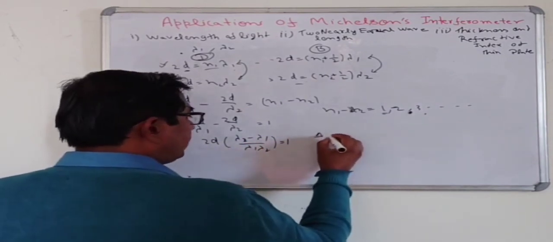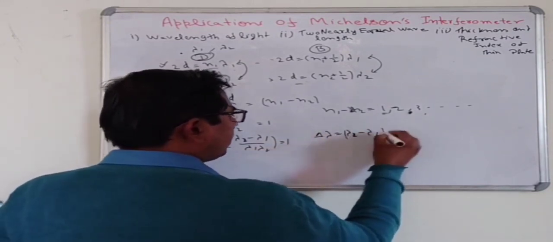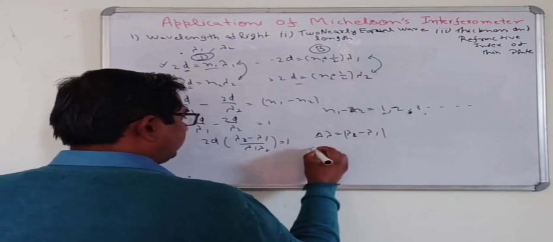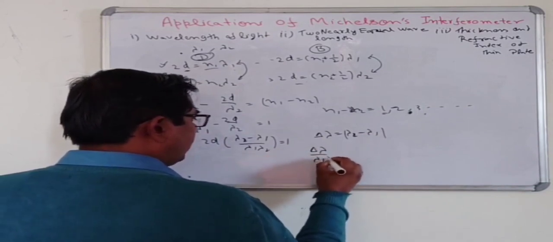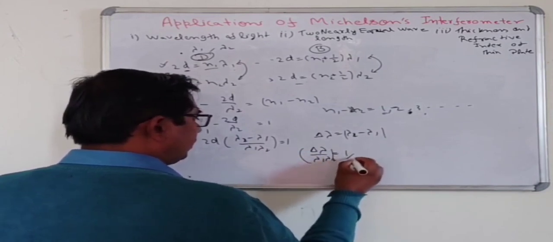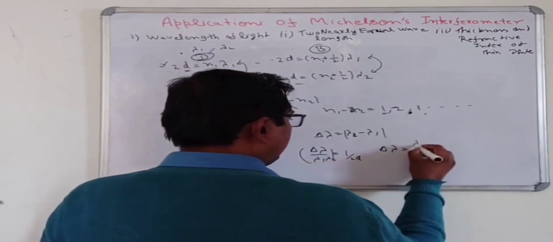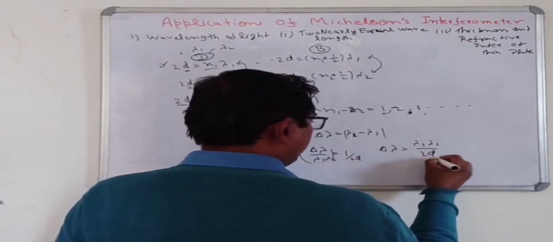Now delta lambda is equal to lambda 2 minus lambda 1, taking the modulus also. Now this delta lambda is equal to lambda 1 lambda 2 divided by 2d.